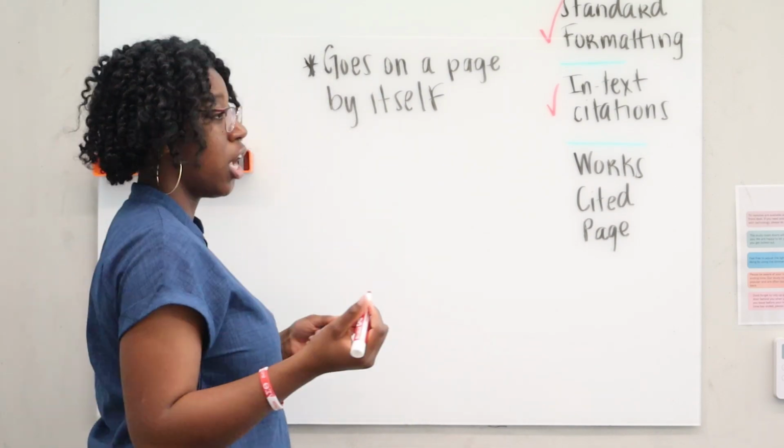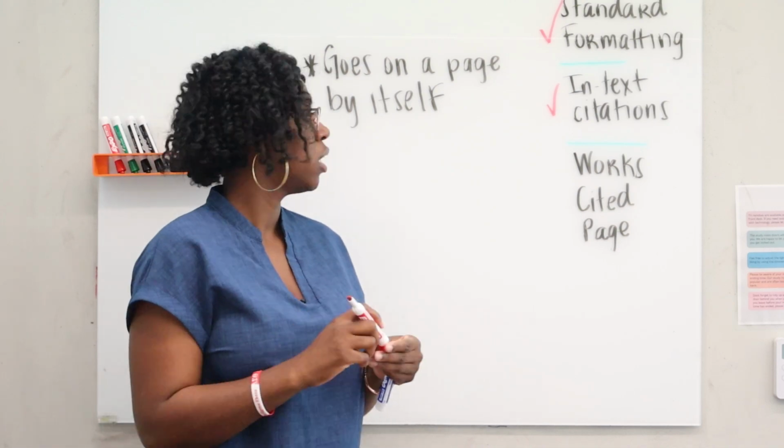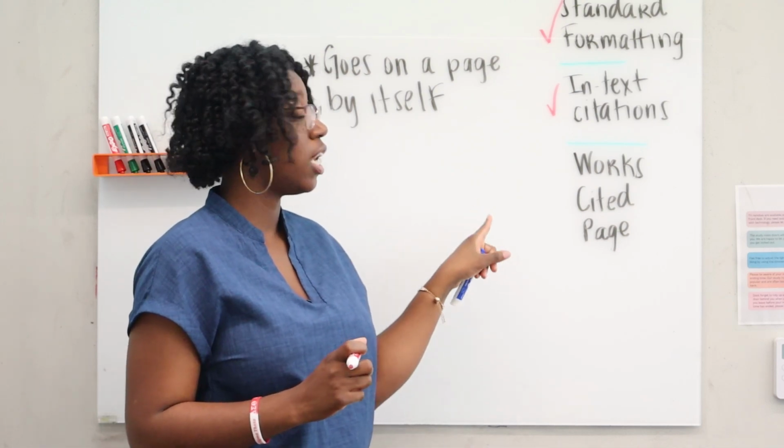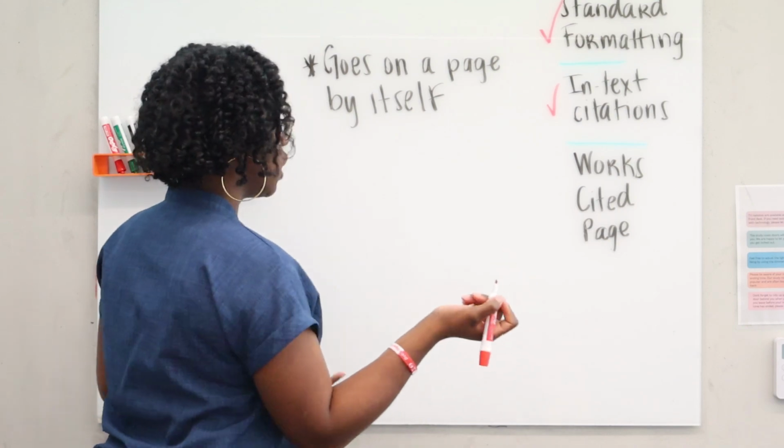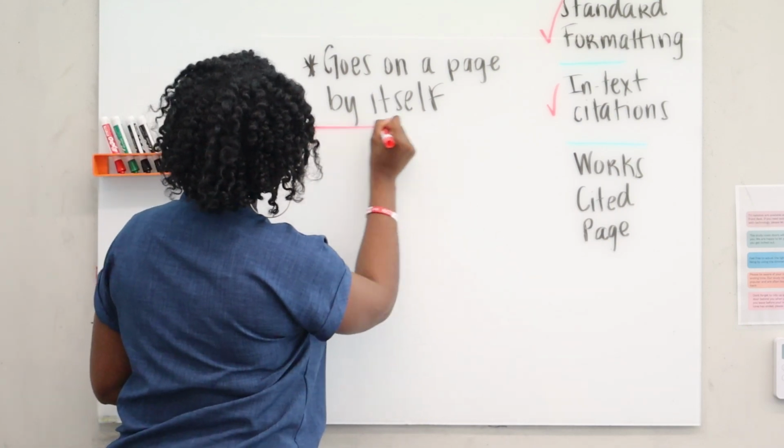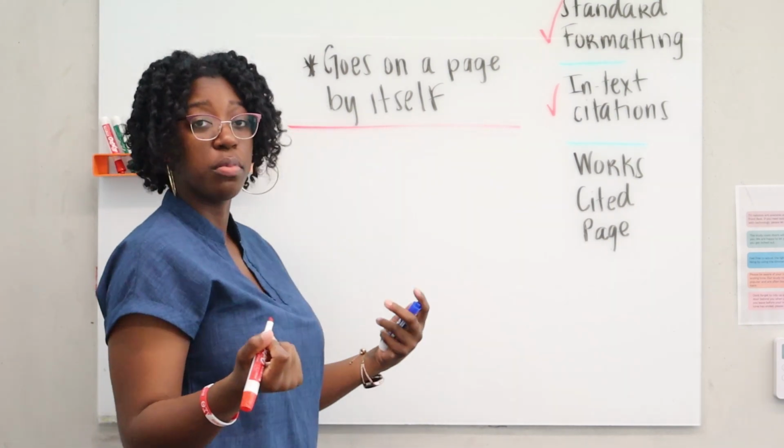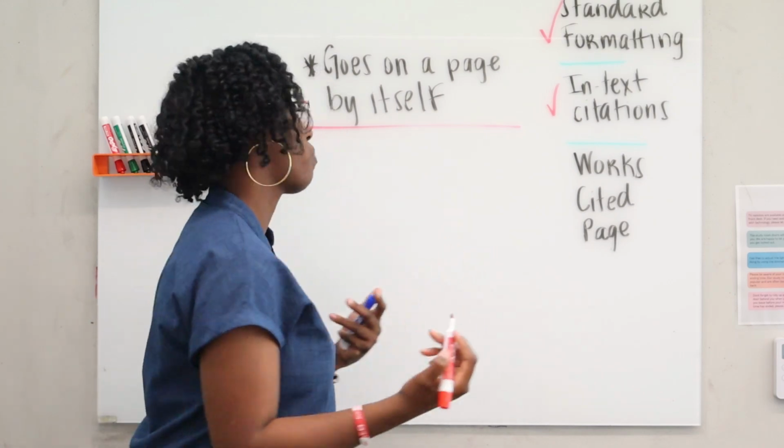Okay, so in order to format works cited in MLA format, this is what you're going to do. I'll give you 2 examples, a journal and then a book.